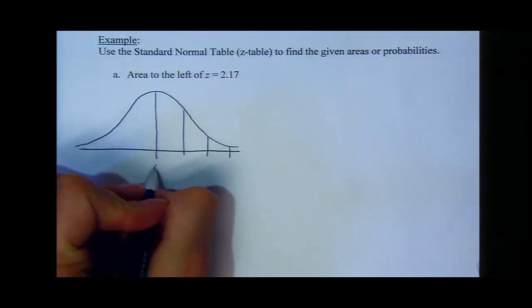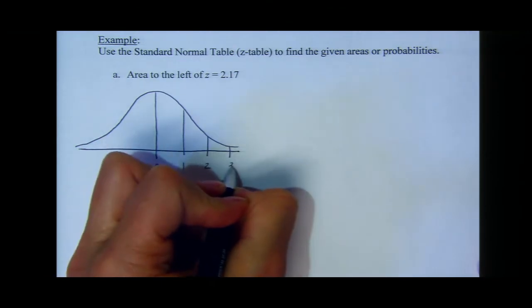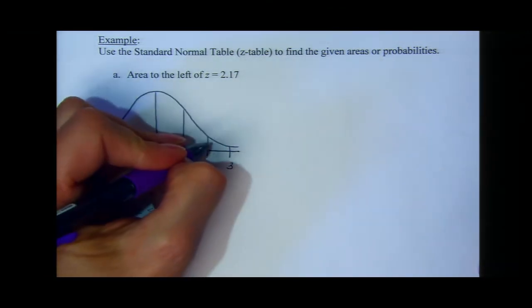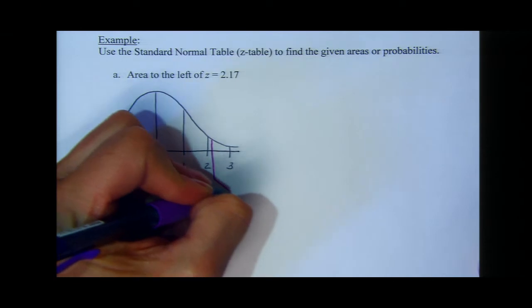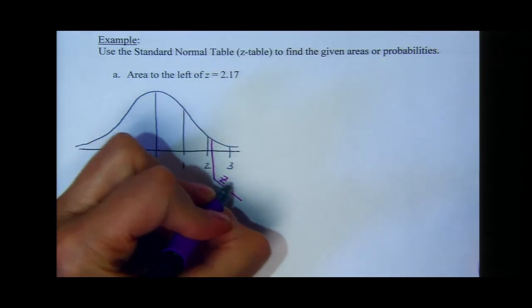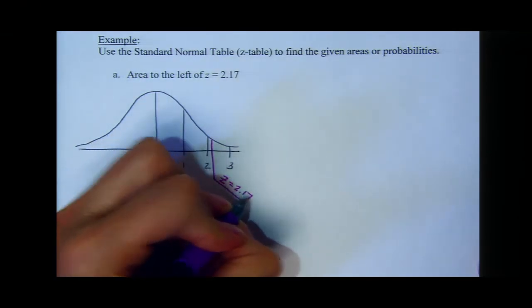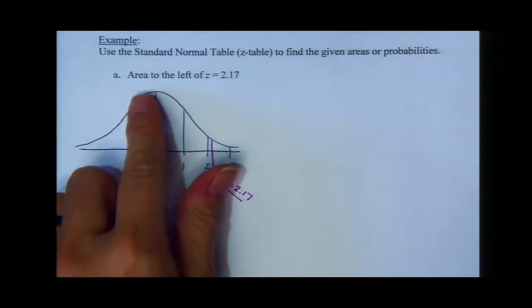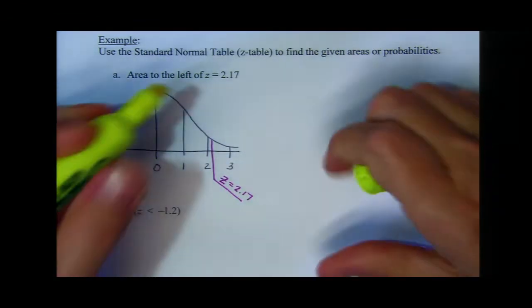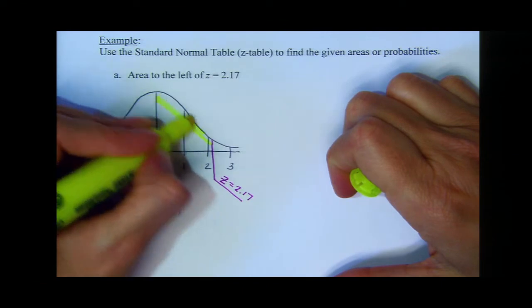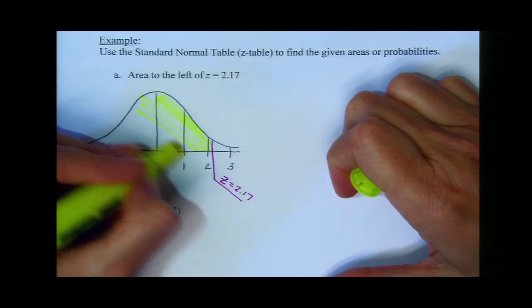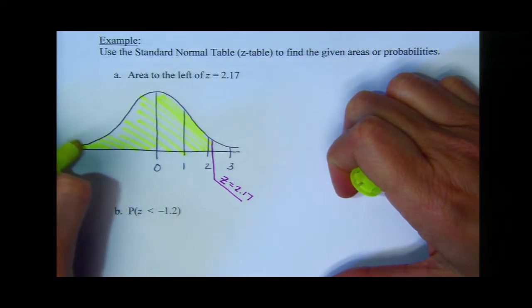All right, so here's 0, 1, 2, 3. So 2.17 would be approximately right here. And it wants to know the area to the left. So it wants to know this area.